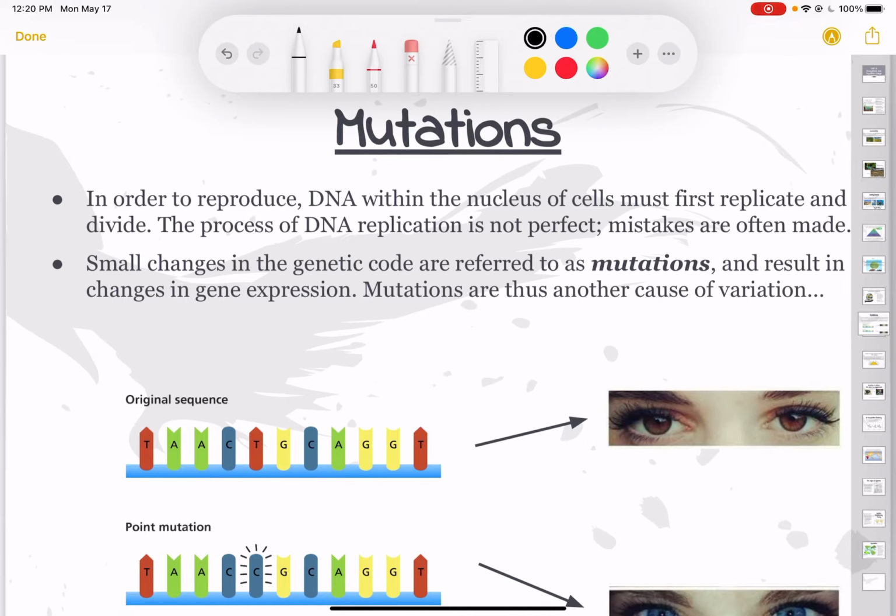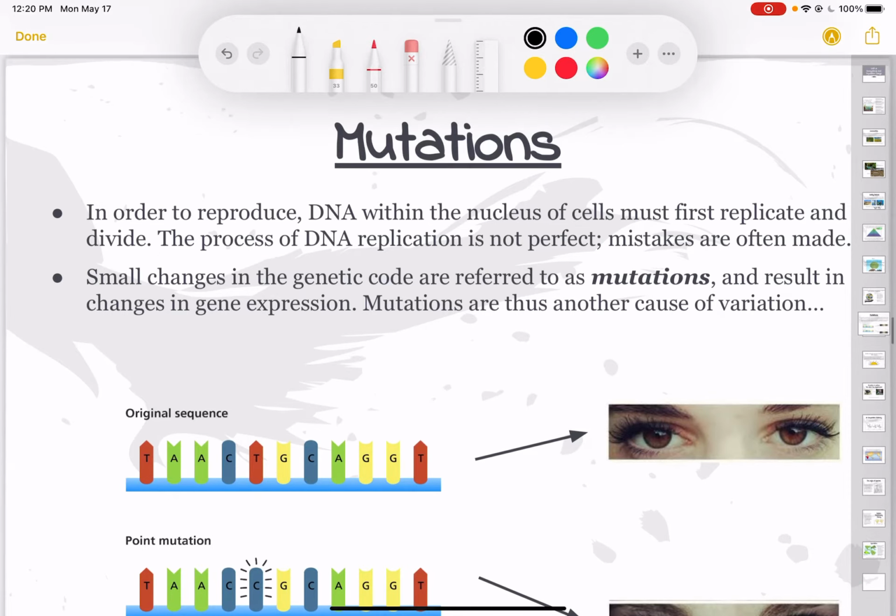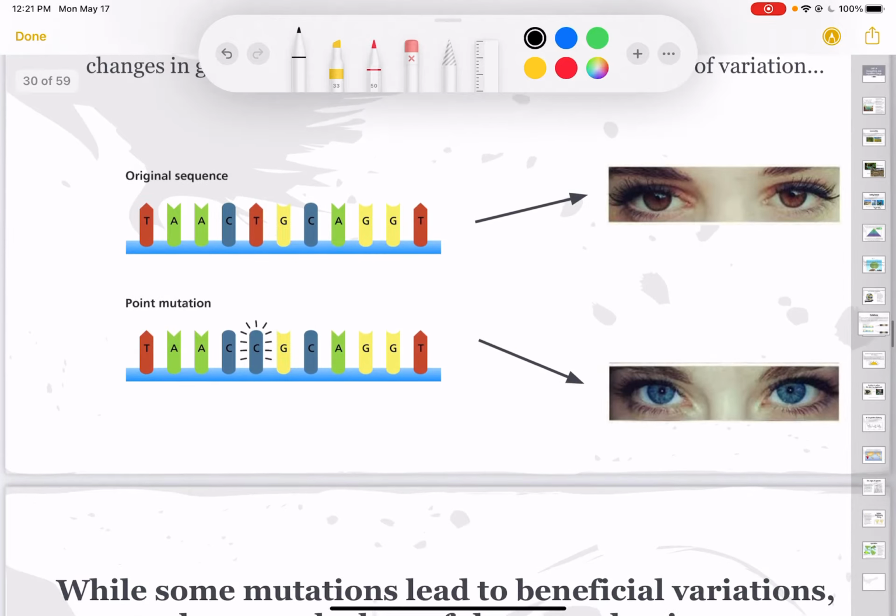It says, in order to reproduce, DNA within the nucleus of a cell must first replicate and divide. The process of DNA replication is not perfect. Mistakes are often made. Small changes in the genetic code are referred to as mutations and result in changes in gene expression. Mutations are thus another cause of variation.